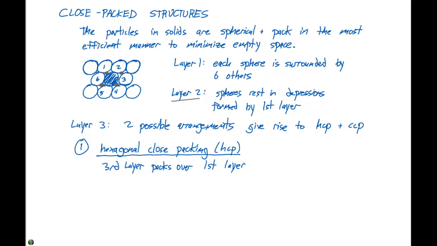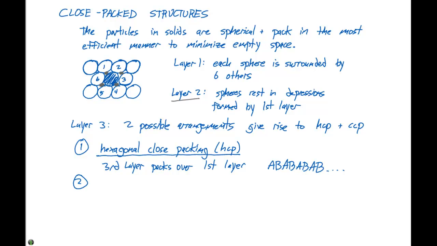The repeat arrangement we get here is AB, AB, AB, AB packing. So our first layer is just like drawn here with the 6 spheres surrounding each other. The second layer has these gray spheres go right in the depressions of that first layer. Then the third layer packs on top of that directly above layer number 1. So we call that AB, AB, AB packing.